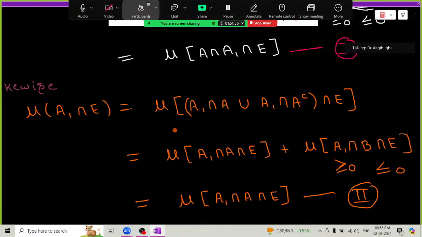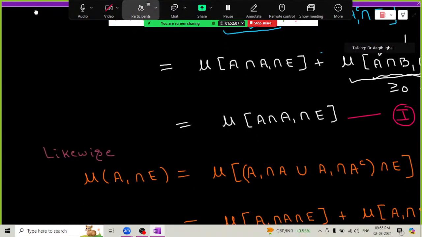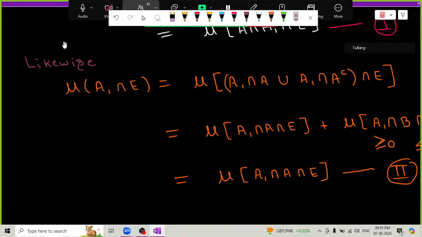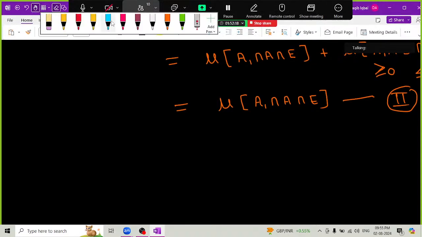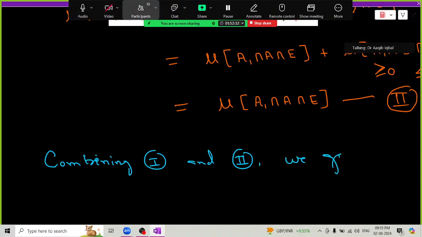If you look at the RHS, the right hand side of first and second, it is the same, so the LHS should also be the same. So what will you get? You will get mu of A intersected with E is the same as mu of A1 intersected with E. Combining first and second, we get mu of A intersected with E is same as mu of A1 intersected with E.